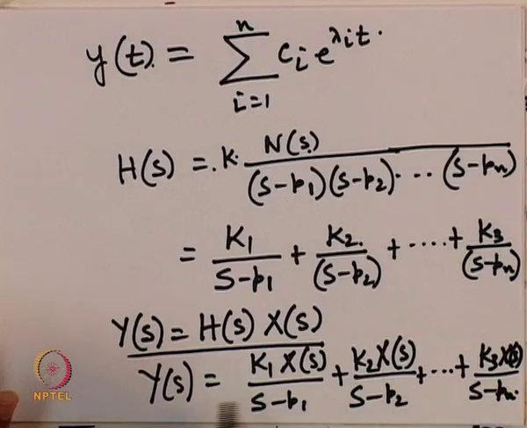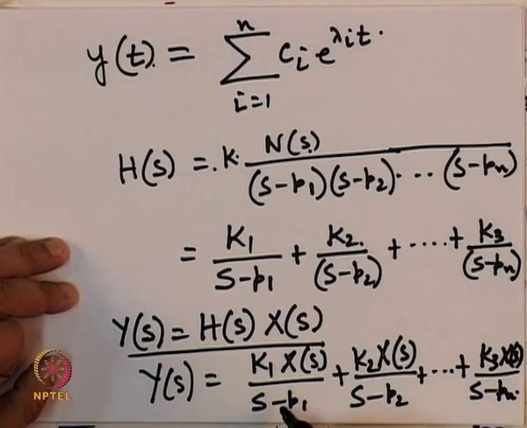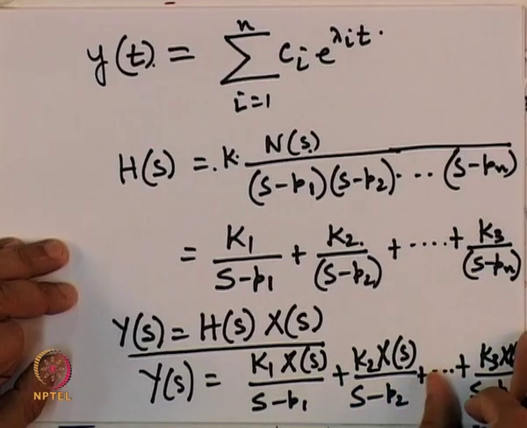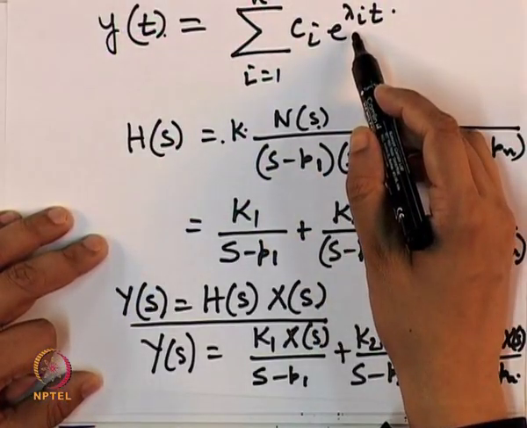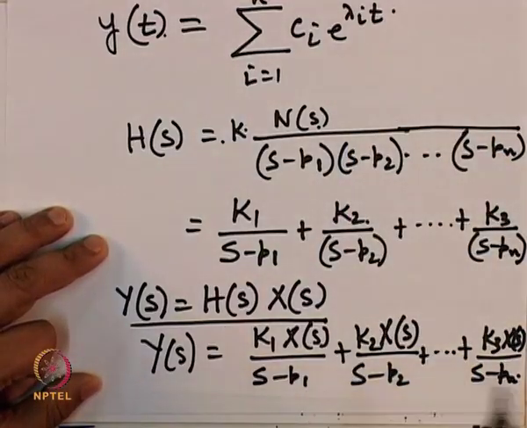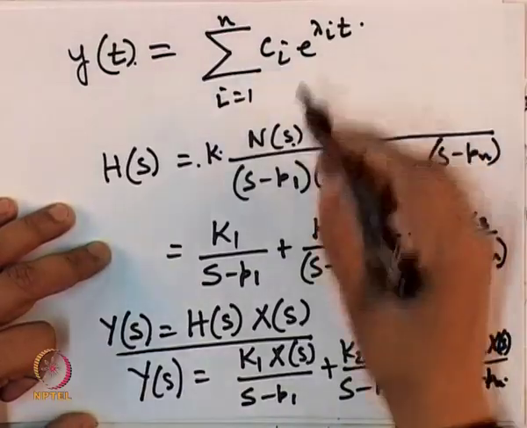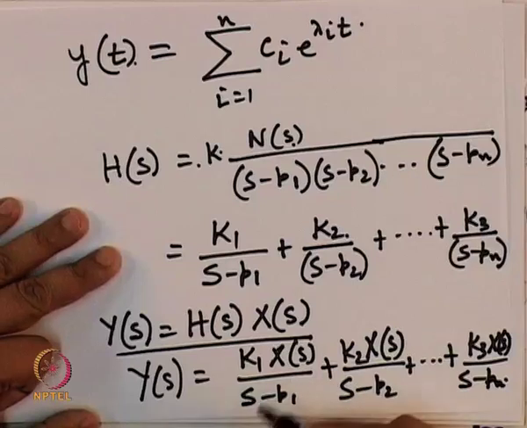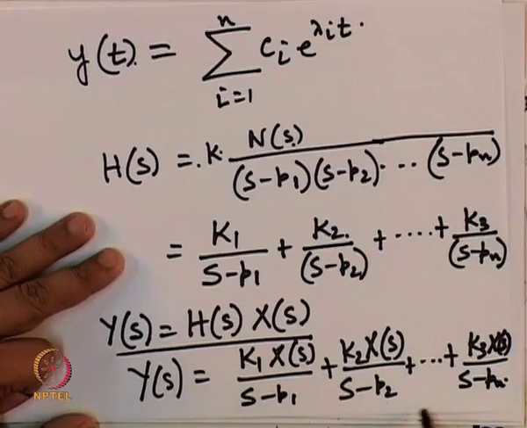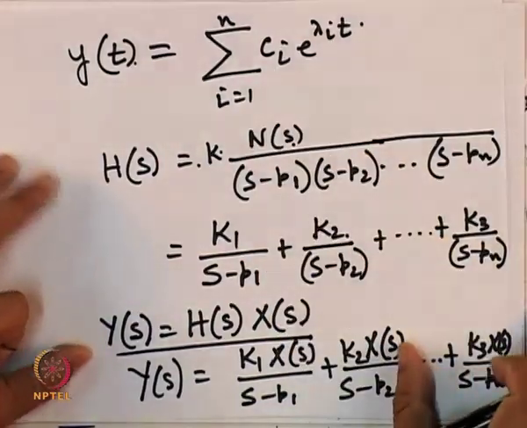Okay. So if we try to find the time domain solution of this equation, it will be what I wrote like this, where lambda i represents the various poles of the system. Here we are using lambda i interchangeably with the pi's. So if we find the inverse Laplace transform of the right hand side of the equation, it will look something like this.